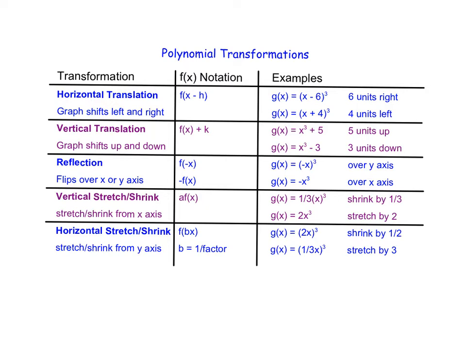So on the screen here, you're going to see the 5 different transformations that a polynomial can undergo. What's really cool about transformations in math class is that transformations A, H, K, and B all apply in the same way to all of the different types of graphs you could possibly transform.